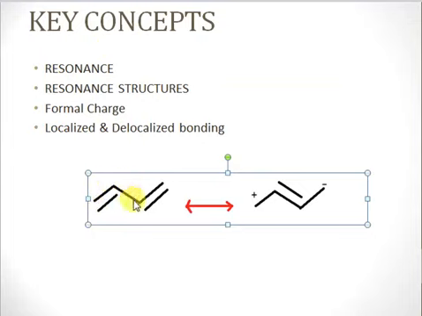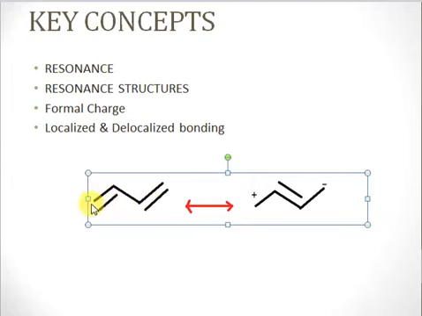It has 4 carbons, so it's a butane system, and since there are 2 double bonds, it's a diene. There's a double bond between the first and second carbon, and similarly the third and fourth carbon, so there are double bonds between carbons 1, 2 and carbons 3, 4.